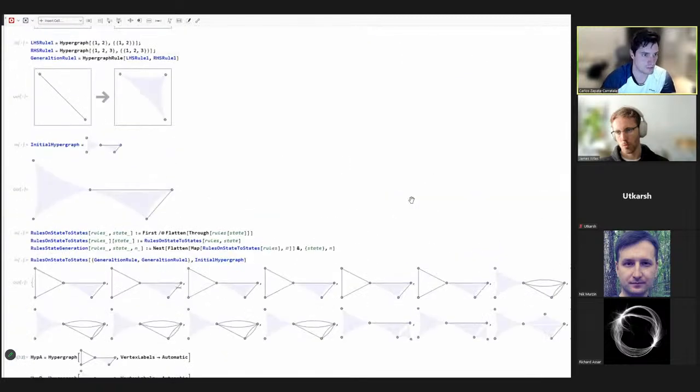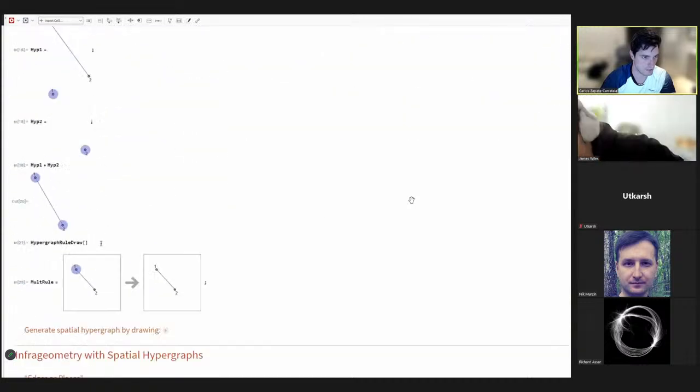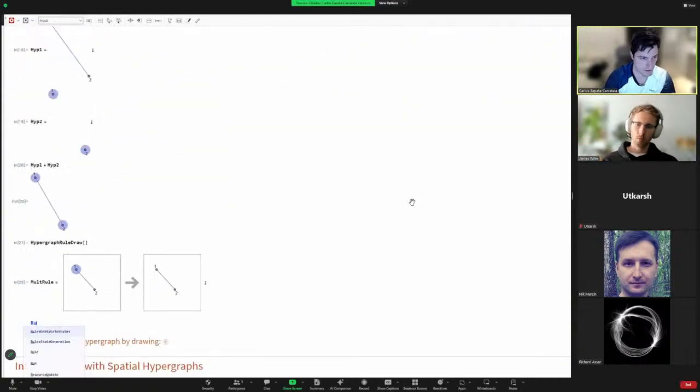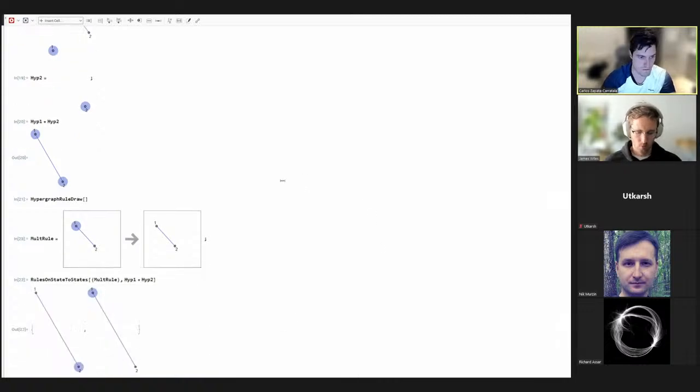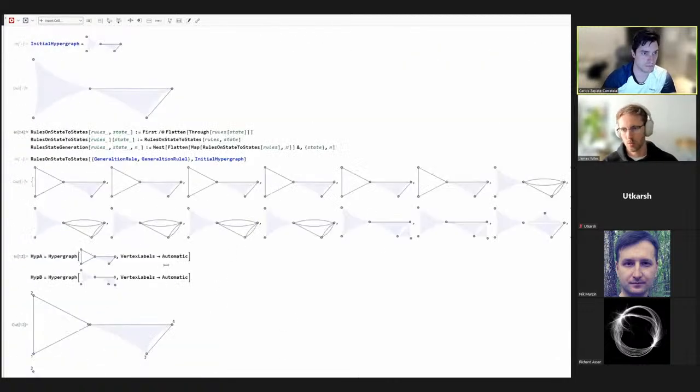I have a function for this. What is it called? I have to evaluate it here. Rules and states. So if I apply the mult rule on this thing, okay, that's not the function I want.